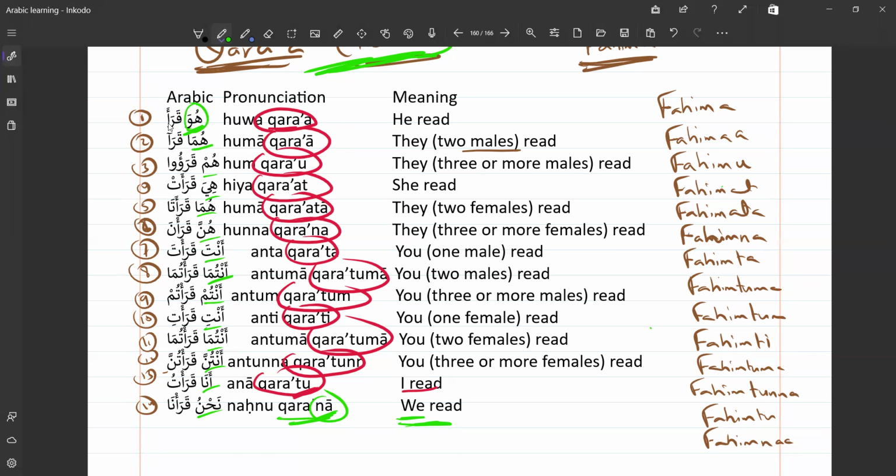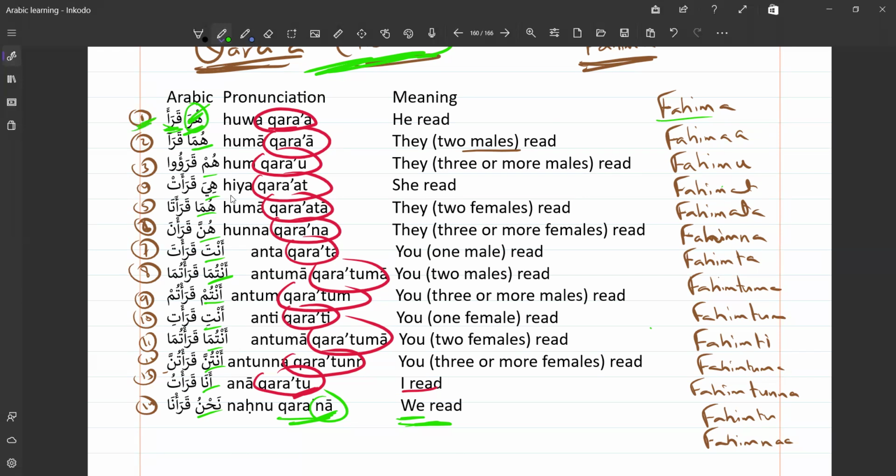The variation qara or fahima itself means he read or he understood, but adding the pronoun hua provides more clarity. Even if you don't add it, it doesn't matter, because the verb variation itself tells you we are talking about the third person, a single male.